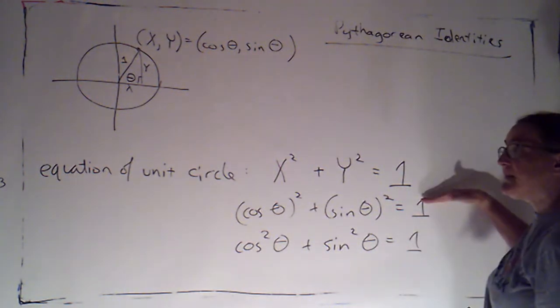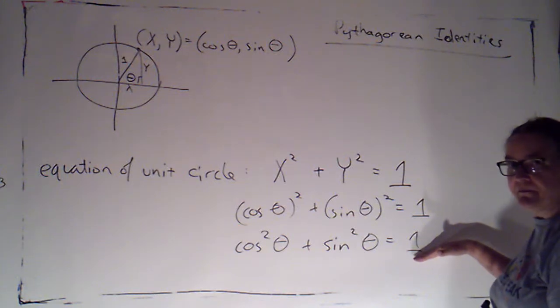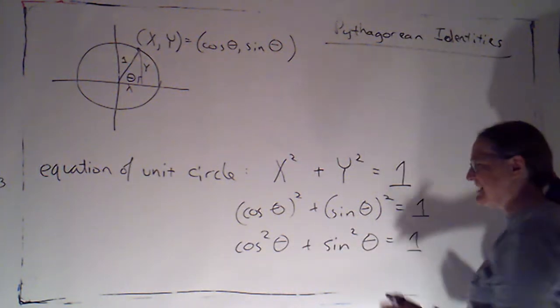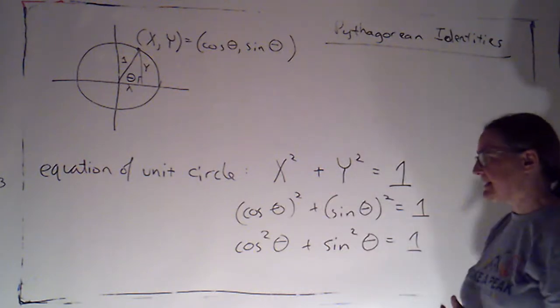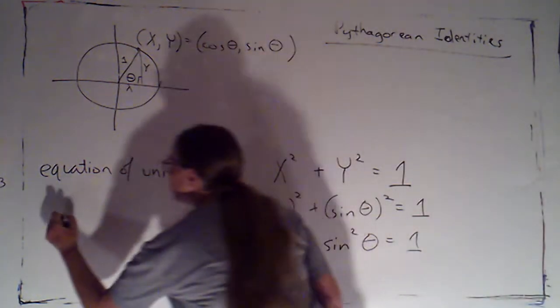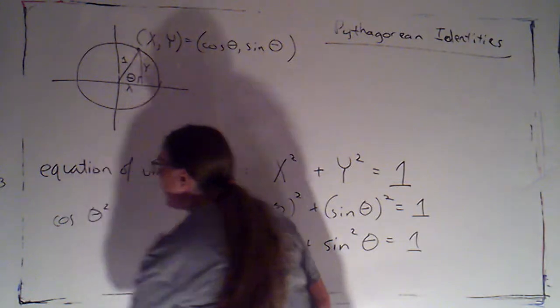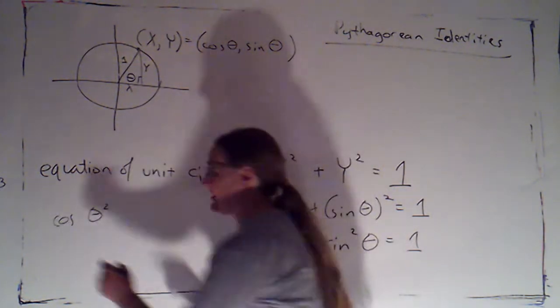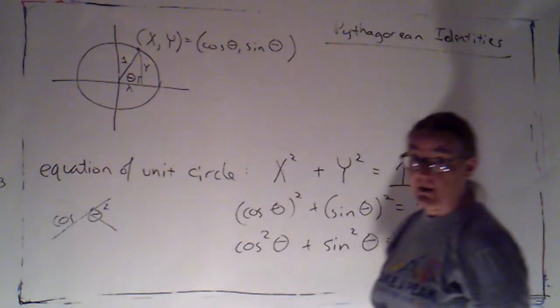These 2 versions mean exactly the same thing. This is the more common way of writing it because we tend to get lazy and accidentally drop parentheses. If I were to write cosine of theta squared, that means I'm squaring the angle and then plugging into cosine. And that's not what I'm doing right here.